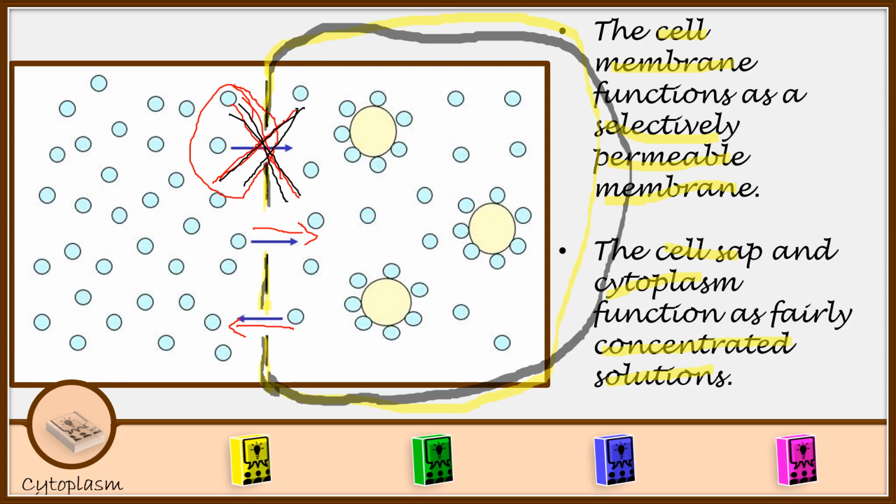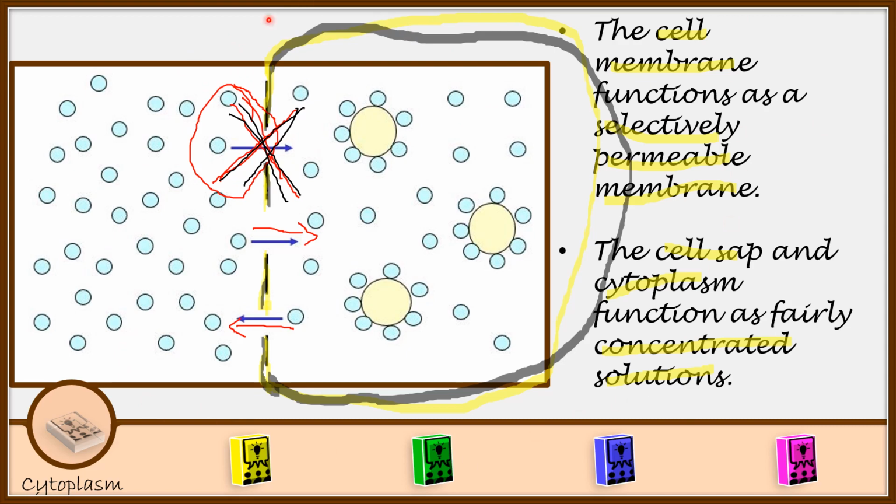We find that the cytoplasm and the cell sap are a fairly concentrated solution compared to the surrounding solution around the cell.